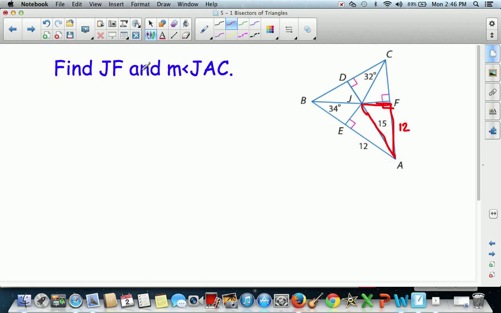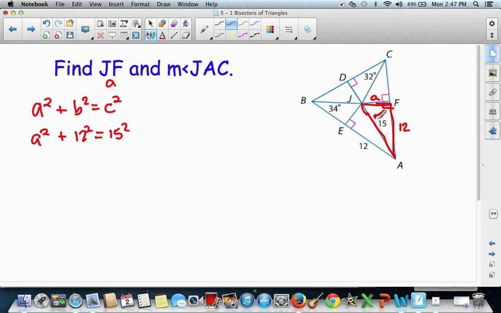We can use the Pythagorean theorem to find the missing side of a right triangle because we know this is a right triangle. So we can call JF a for the sake of using the Pythagorean theorem. Here I'll write out the Pythagorean theorem so we all remember it and have it written down in our notes. So a squared plus 12 squared equals 15 squared, where 15 is our hypotenuse.